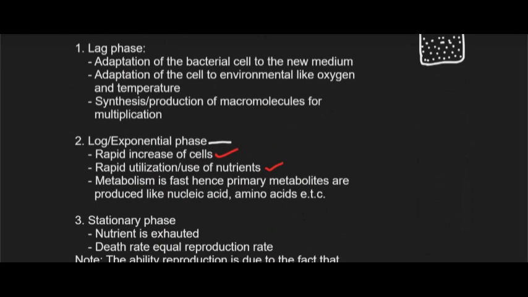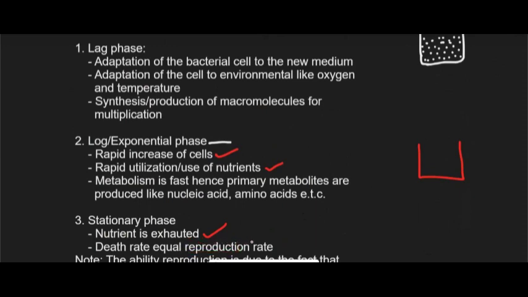So the nutrient is exhausted. Now, it is between death and life because nutrients just got exhausted. Does that make sense? And if nutrient is exhausted, it means that there will be hunger, right? And some cells that are not fit for that condition are likely to die. That's the death rate. There will be death and there will also be reproduction.